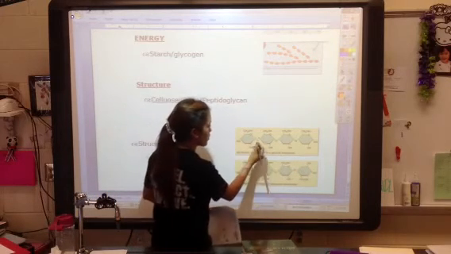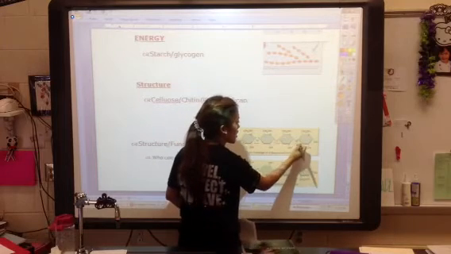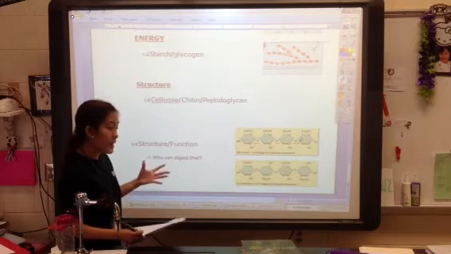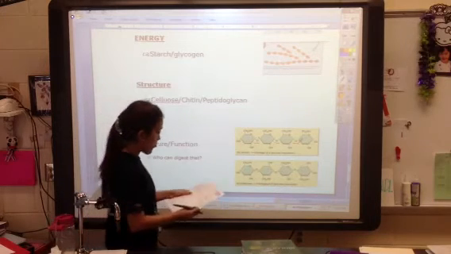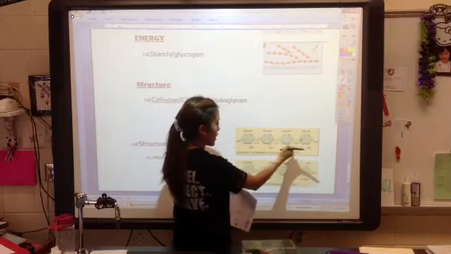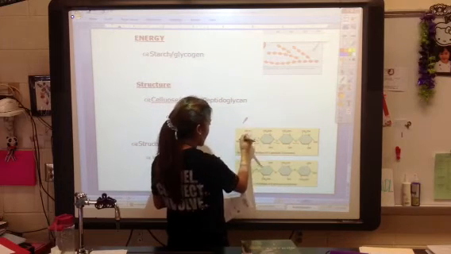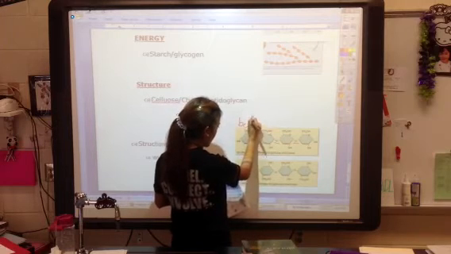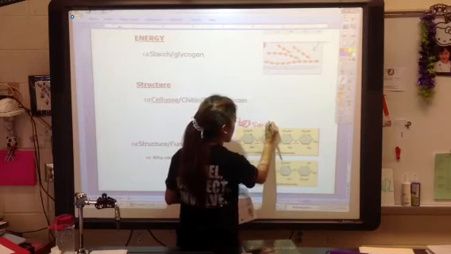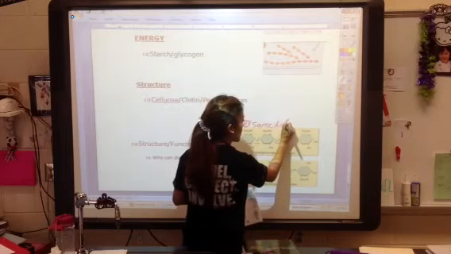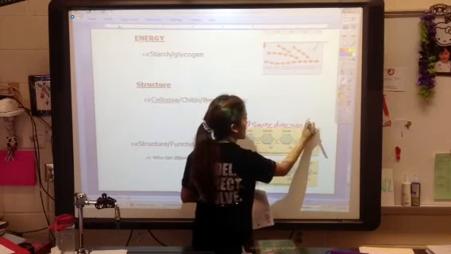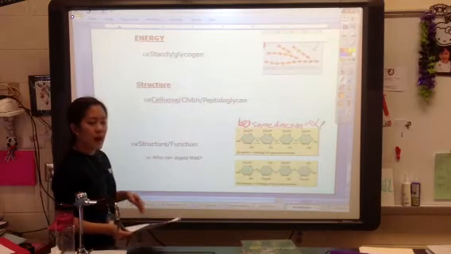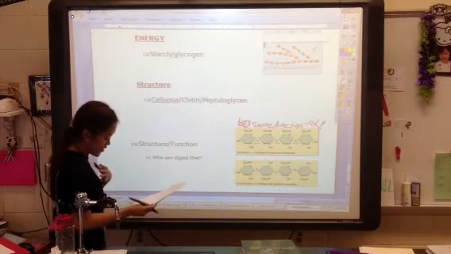Notice that in the starch molecule, the direction of the oxygen is the same. And so again, this is that linkage between the glucose molecules. And because all of those linkages are below or in the same direction, same direction, this is actually called an alpha linkage, or alpha glucose molecule.